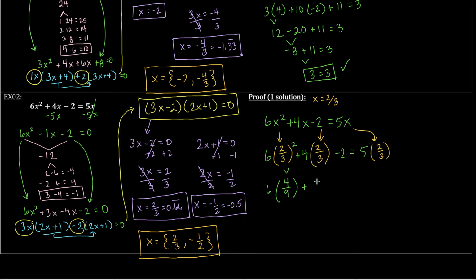Plus 4 times 2/3, equals 5 times 2/3. So that will give me 24 over 9 plus 8 over 3 minus 2 equals 10 over 3.